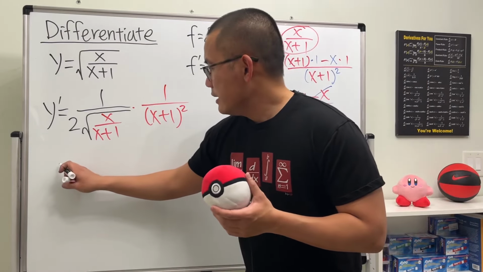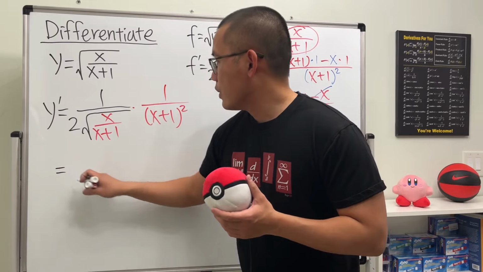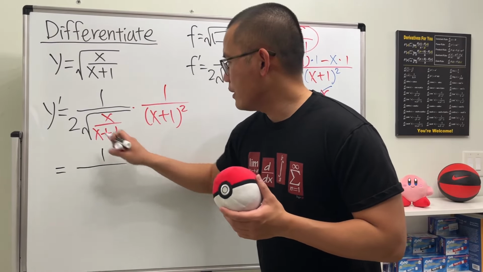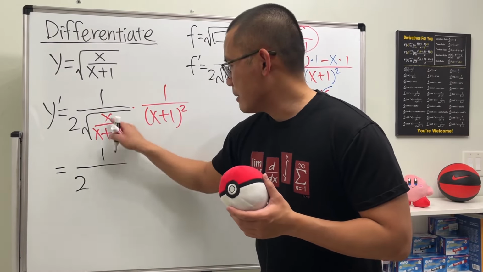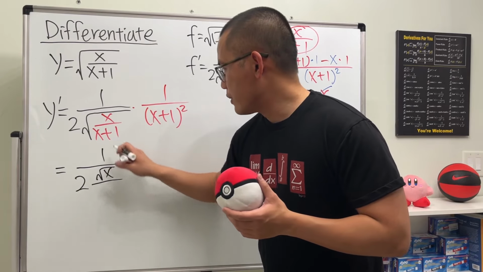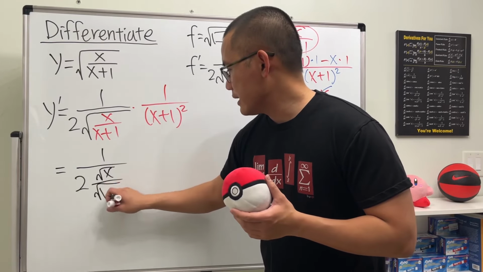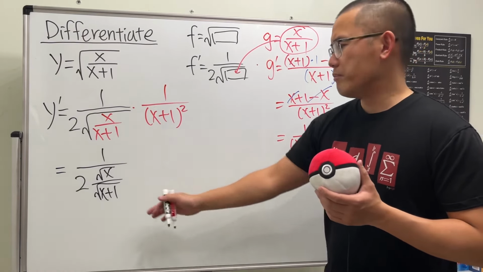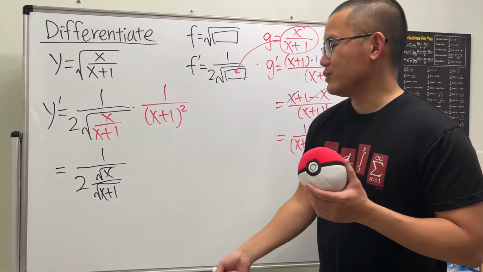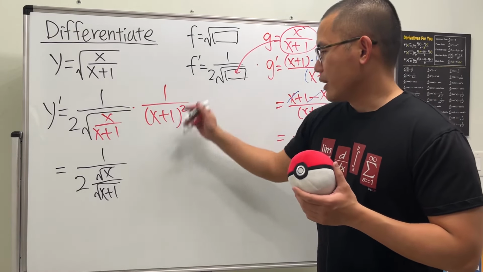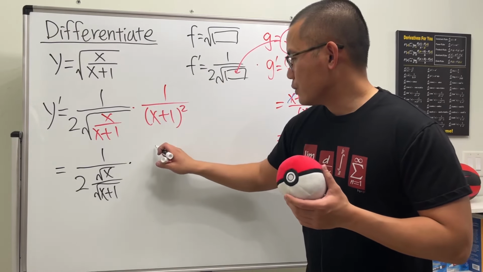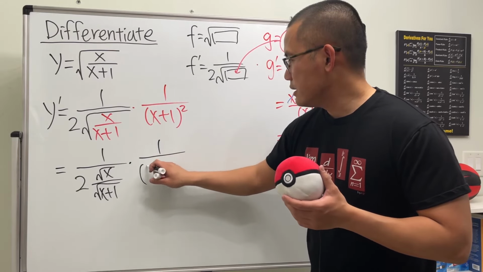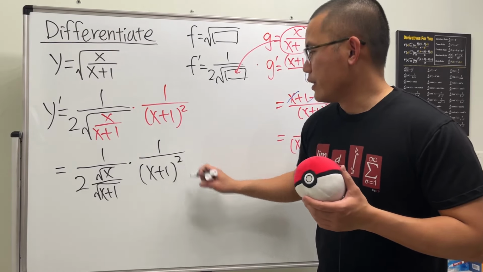Anyway, this is the same as saying, here we have 1 over 2, times square root of x over square root of x plus 1. Maybe we will have to say x is greater than 0 for the domain issue. But anyway, multiply by this, which is 1 over parentheses x plus 1 squared.